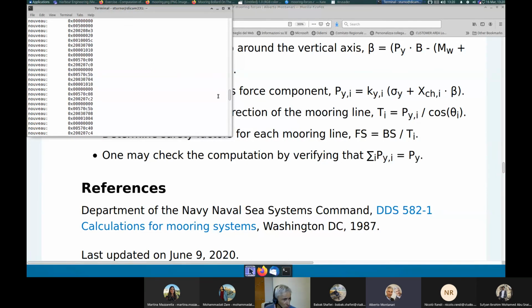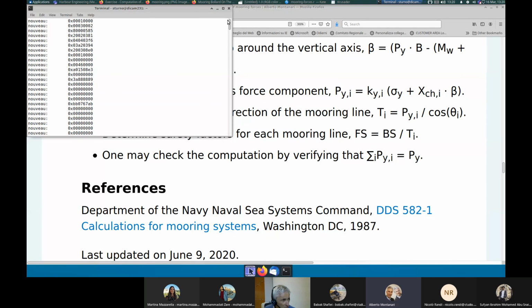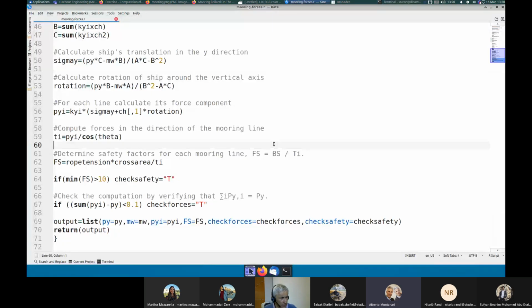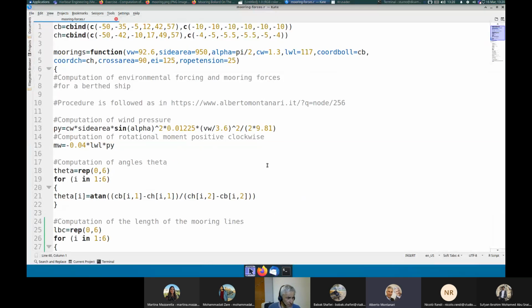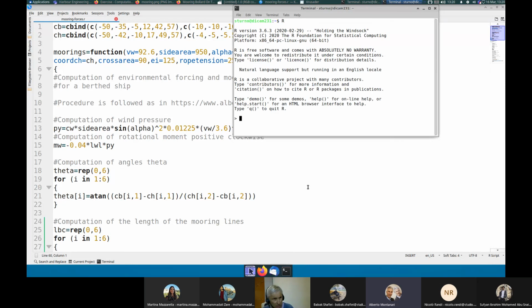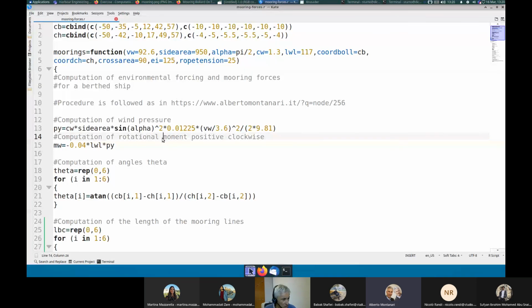Okay, so let me just tell you what you should do, because I can't keep you here for a long time. And let me go to the code. Or let me do it like this, sorry. I open an R console, and then I am resolving the issue in 2 seconds.